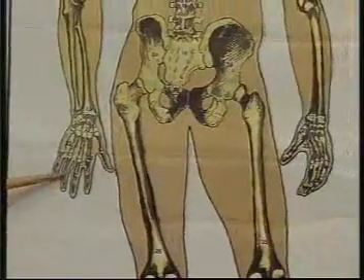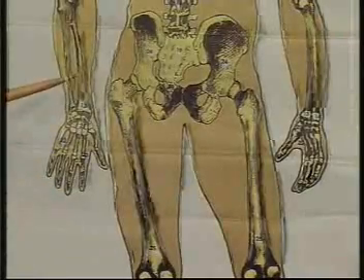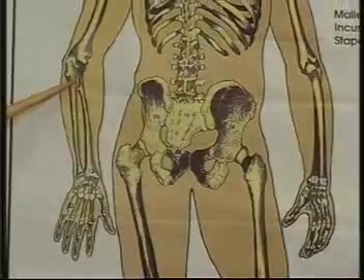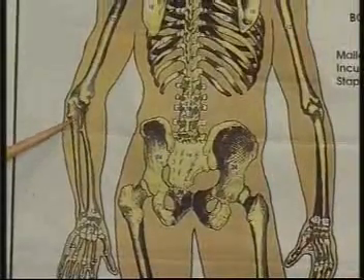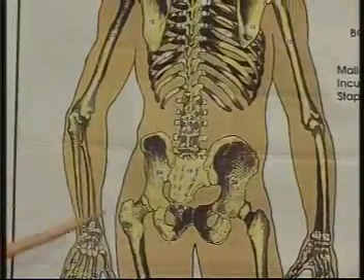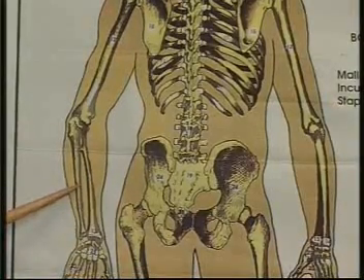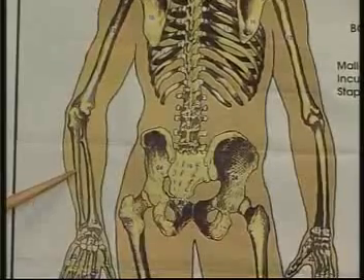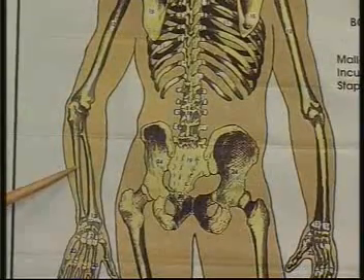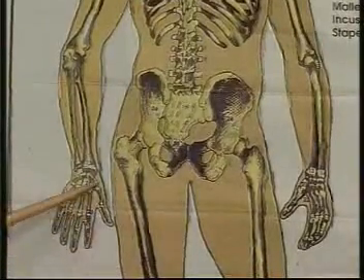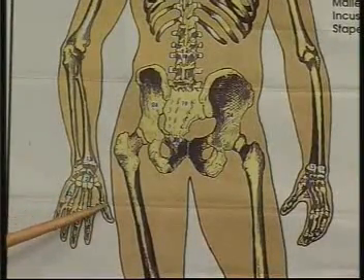The next type is the gliding joint, which involves radius and ulna, which, as I told, glides over at the place of joint, over here and over here. This is radius and this is ulna. And the fifth type of joint, which is the saddle joint, is present in the metacarpal and carpal of the thumb.